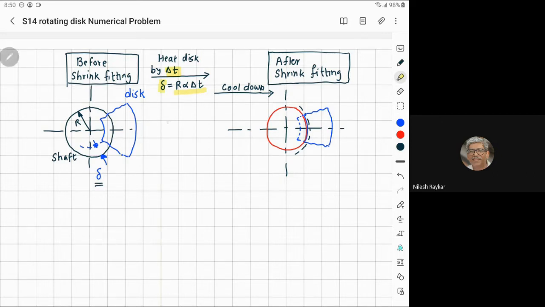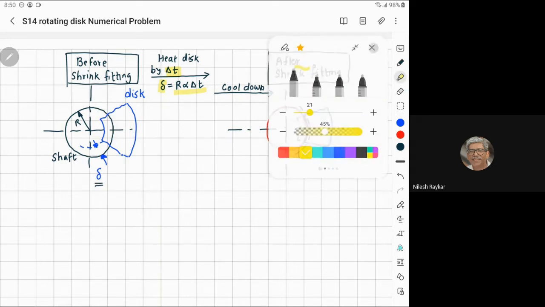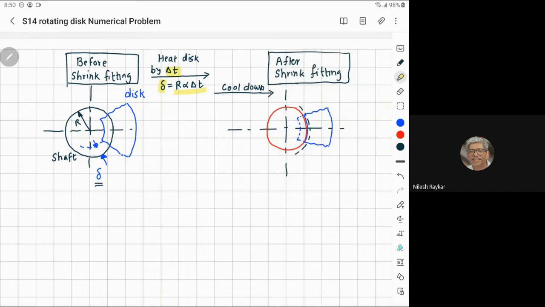Now, after this, in order to cause the shrink fitting, you will cool down the disk which you are heating. So once you cool down, you will get the assembly where both the disk and the shaft will settle at some intermediate radius. So because the disk is compressing from outside, the shaft diameter will shrink down.